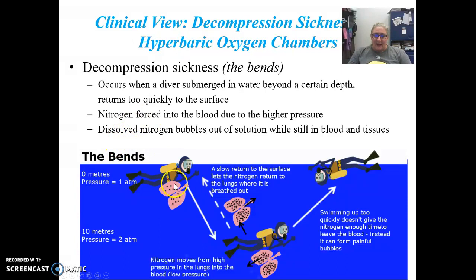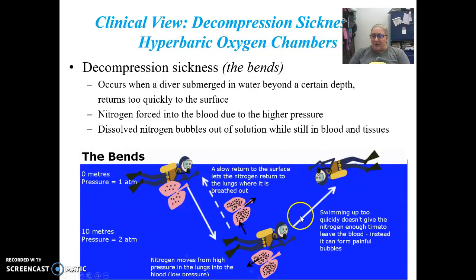And so here we have our nice healthy lungs. And if we move down into the ocean, nitrogen moves from higher pressure to lower pressure in our blood. If we move back up slowly, allowing the nitrogen to leave our blood slowly and go through our lungs, then it's going to allow us to be healthy, and we won't have any problems.